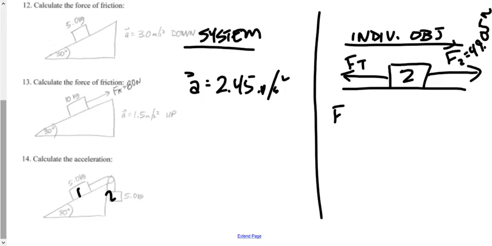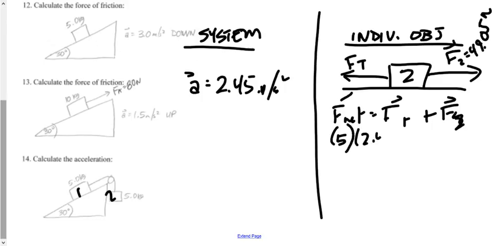Let's say F net is equal to the sum of the forces. That's going to be Ft plus F2. F net is m times a, so that's going to be 5 times 2.45. Ft plus 49.05. 5 times 2.45 is, I don't know, it's like 12 or something like that. 12, take away 49.